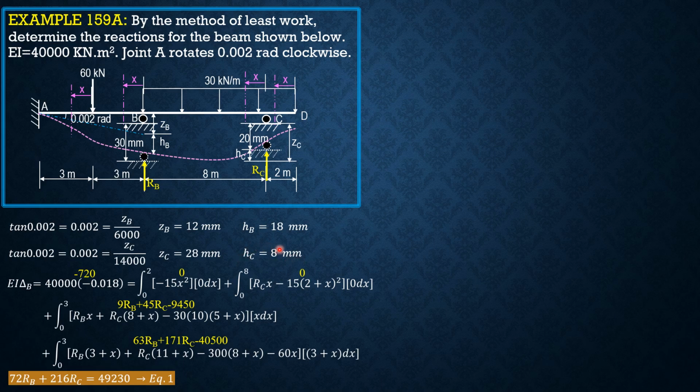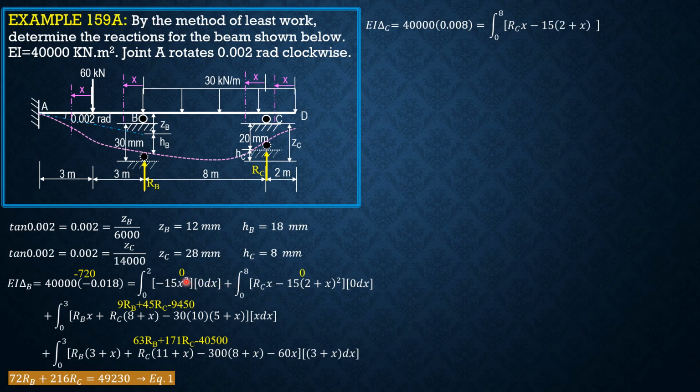Then EI delta C is 40,000 times, as I said, 0.008. This is treated positive because R sub C is upward and H sub C to locate the final support is also upward. So they are in the same direction, so positive. And it is EI partial of U with respect to R sub C. So again, EI delta C equals 40,000 times 0.008 equals integral 0 to 8.